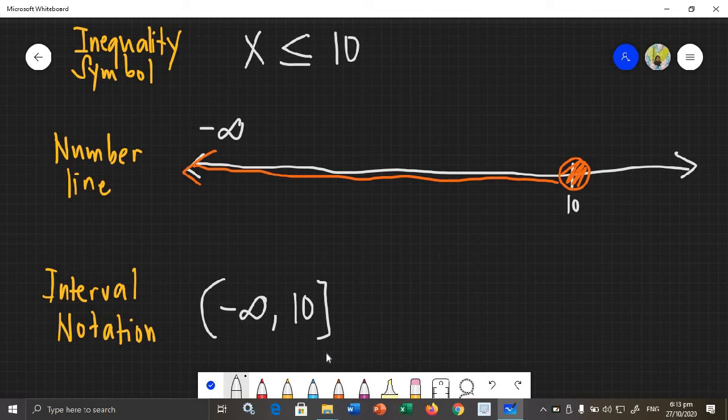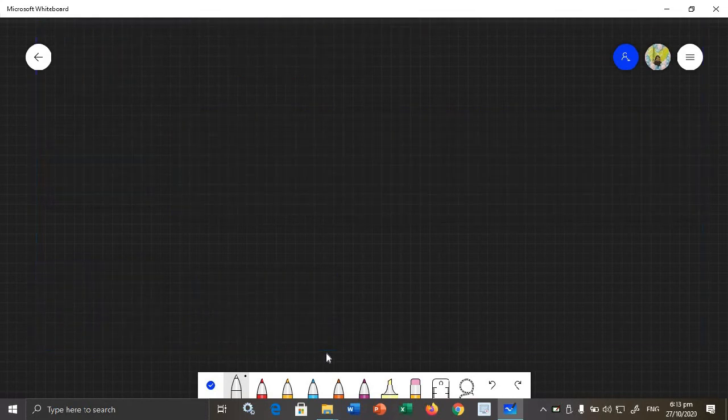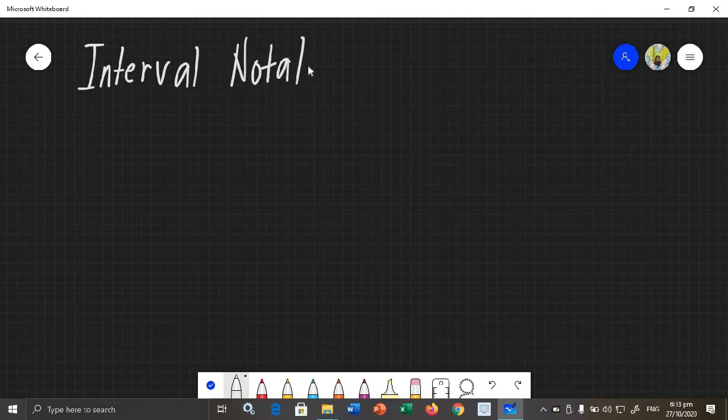Sometimes kasi there are two intervals. So ditong ginagawa natin dalawa lang, 'di ba? So sometimes po nangyayari dalawa siya. So, paano po ba yun halimbawa, ma'am? So, let's say, the given is an interval notation.